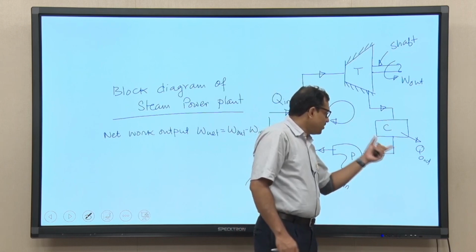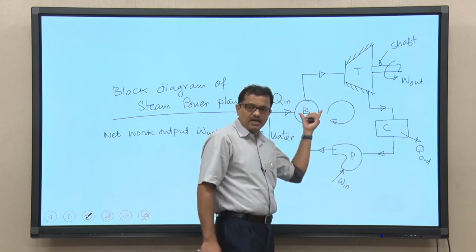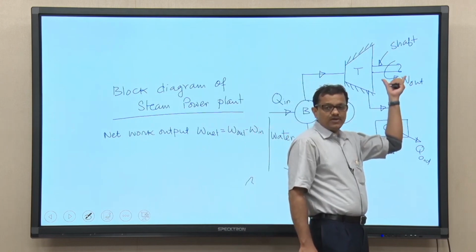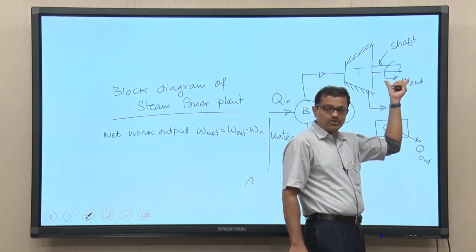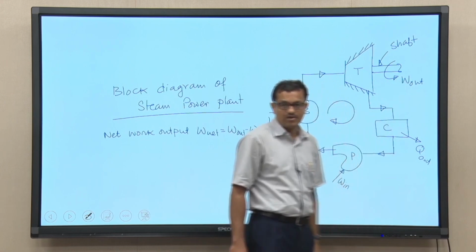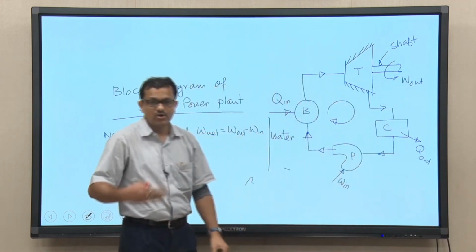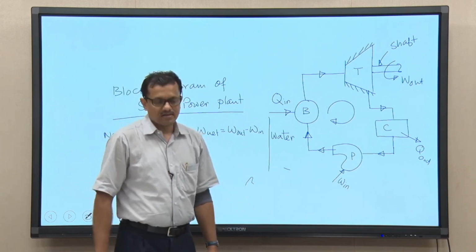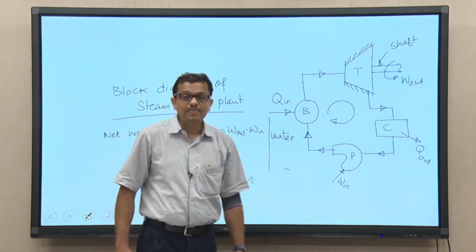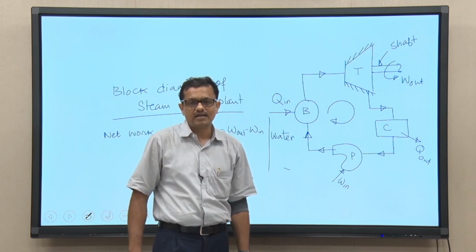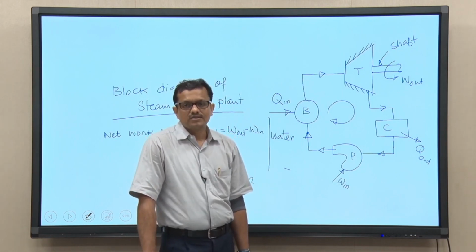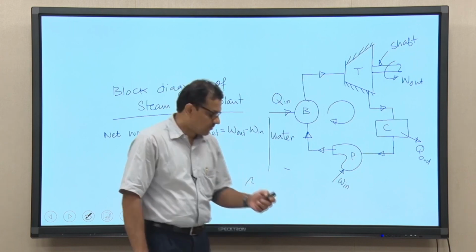If we know the amount of heat which is added in the boiler and the amount of work which is coming out from the turbine, we would like to calculate the amount of work which we are getting out of this energy conversion. We must know that, but we can only calculate it by applying the first law of thermodynamics to a process which is steady state steady flow.